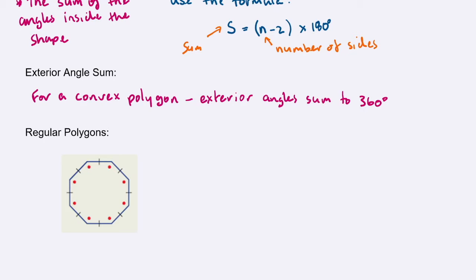All right, and last but not least, when we're talking about polygons, we have what we call regular polygons. And these bad boys, like the octagon shown here, all the sides and all the angles are equal.